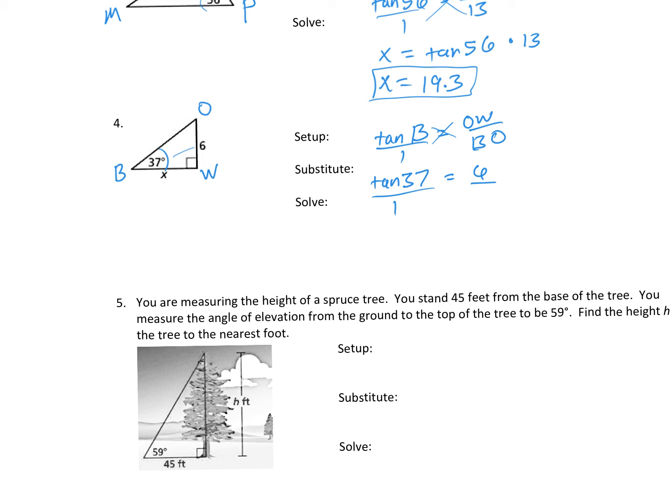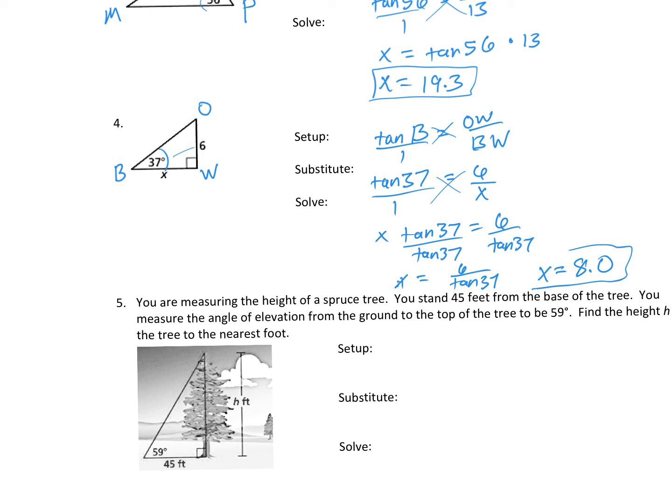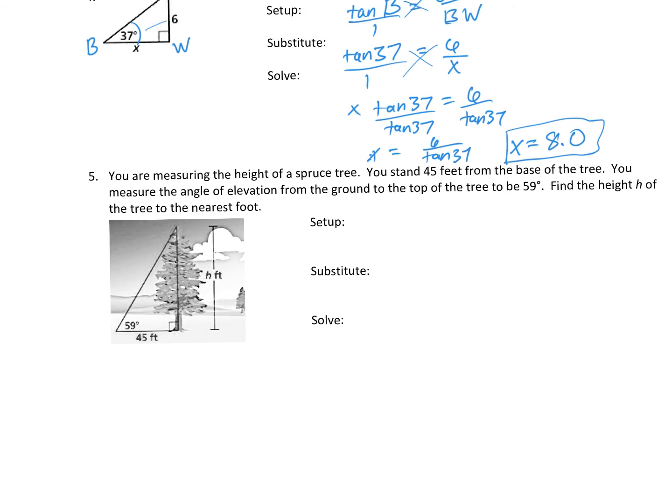We need 6 over BW, not BO. 6 over X. We'll cross multiply. So X times tangent of 37 must equal 6. Divide by tangent of 37 to both sides. So X equals 6 divided by tangent of 37. We'll punch that into our calculators. Gives us X must equal 8.0. We're just rounding to the first decimal place.